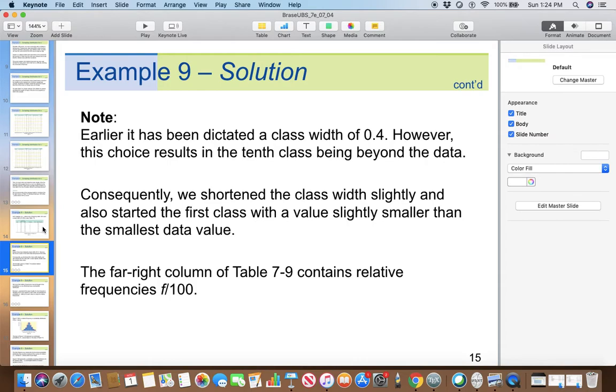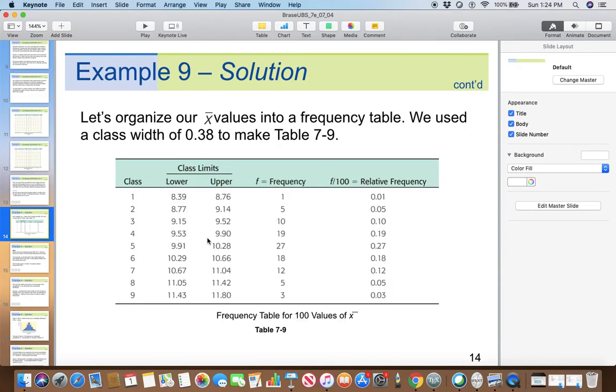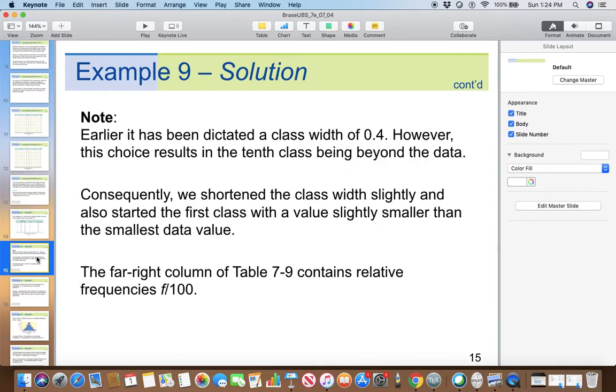They were initially hoping to have a class width of 0.4, but 0.4 was insufficient; it was going beyond this range. That's why they decreased the class width, to make sure there was some sample in every class.